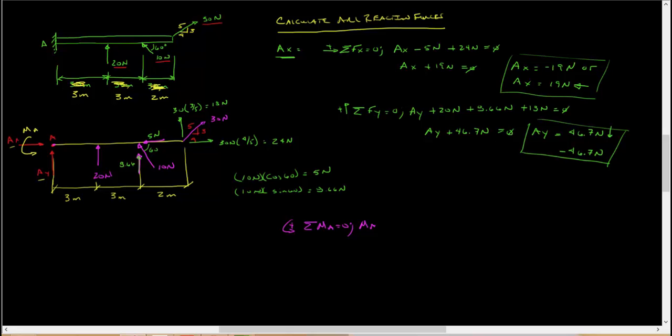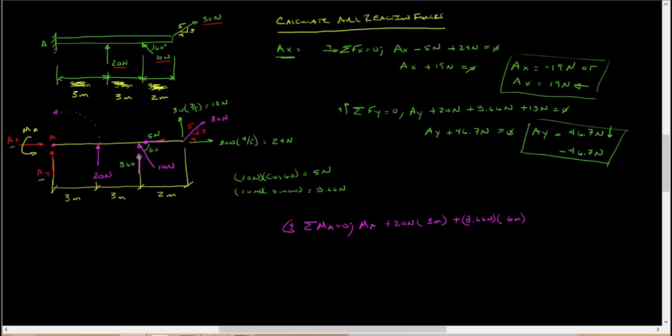So counterclockwise here is positive. I also have plus 20 newtons times 3 meters. You notice this is rotating in that direction, so that's going to be positive. Then I have this 8.66, which is also going to be positive, and that's going to be 6 meters away.